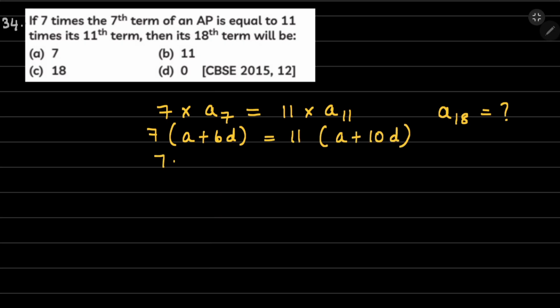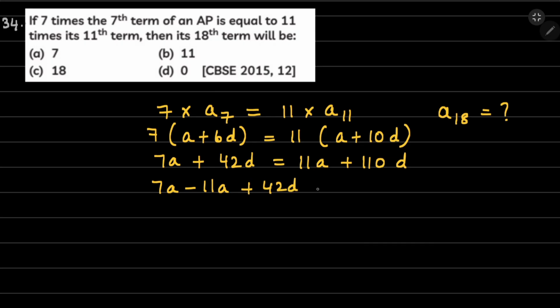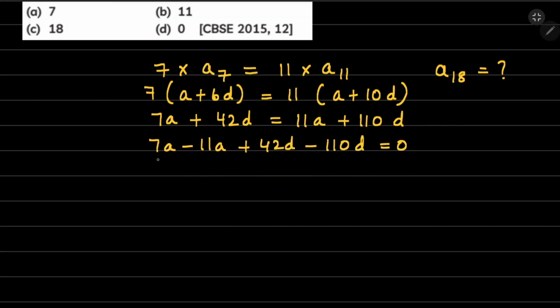You just have to solve it. So 7A plus 7 sixes are 42D is equal to 11A plus 110D. Bring all A terms to one side. So 7A minus 11A plus 42D minus 110D is equal to 0. 7A minus 11A is minus 4A, and 42 minus 110.